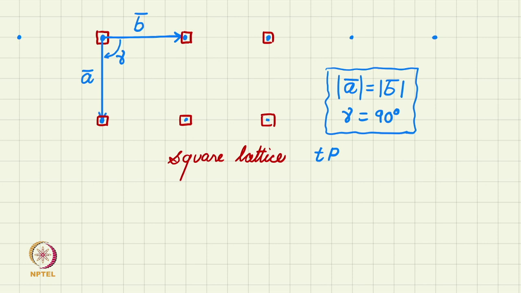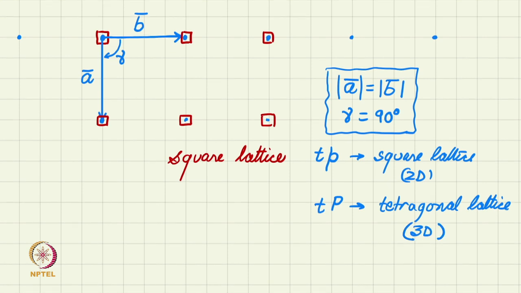Let me correct myself, because that is what I told you last time also, that is what distinguishes the notation from 2D to 3D. In 2D we will use a small p, in 3D we will use the capital P. So, tp will be a square lattice, whereas t capital P will actually be a tetragonal lattice in 3D.